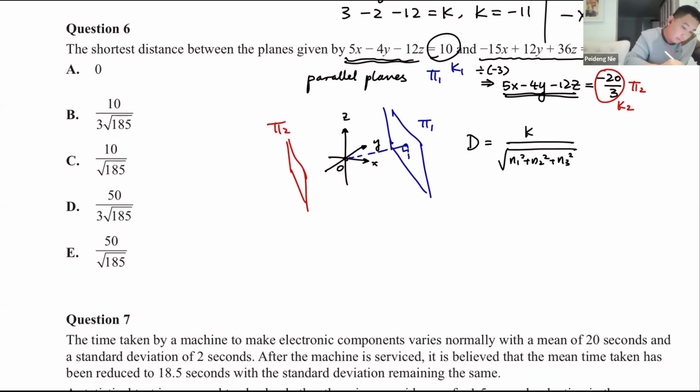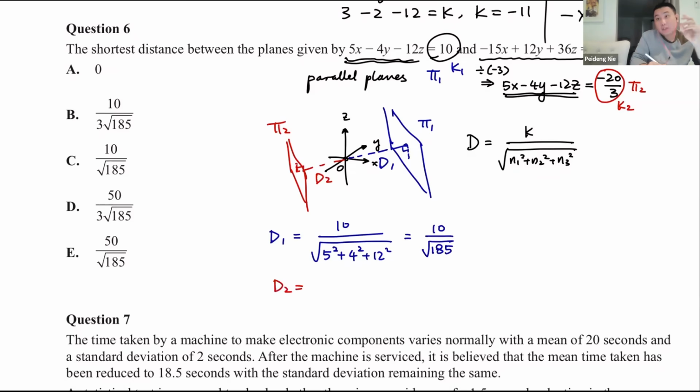So now, if I figure out the first distance, d1 here, d1 is going to be 10 over the square root of 5 squared plus 4 squared plus 12 squared. I suppose this is 10 over root 185. And also, using the same logic here, this is d2.